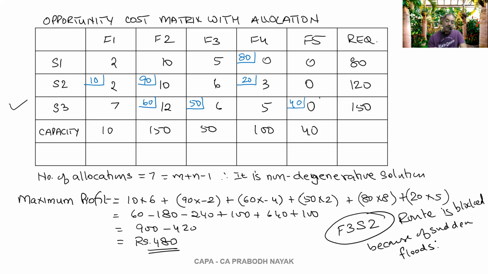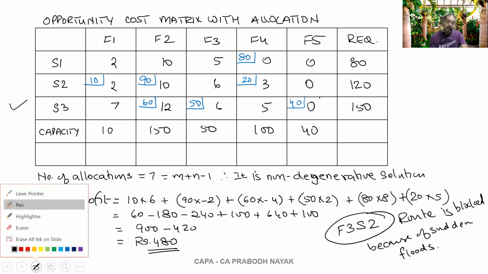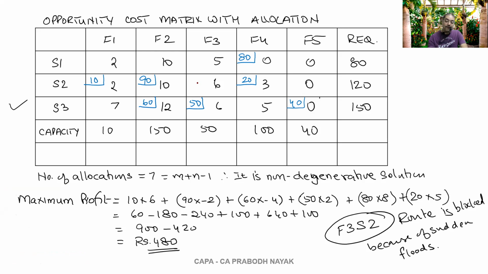F3S2 route, which means I'm talking about a particular route, that is this one. It is blocked because of sudden floods.